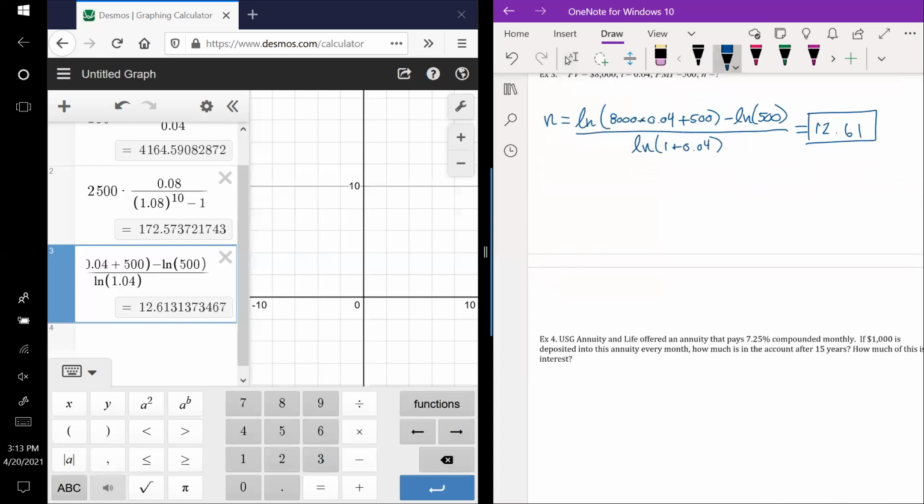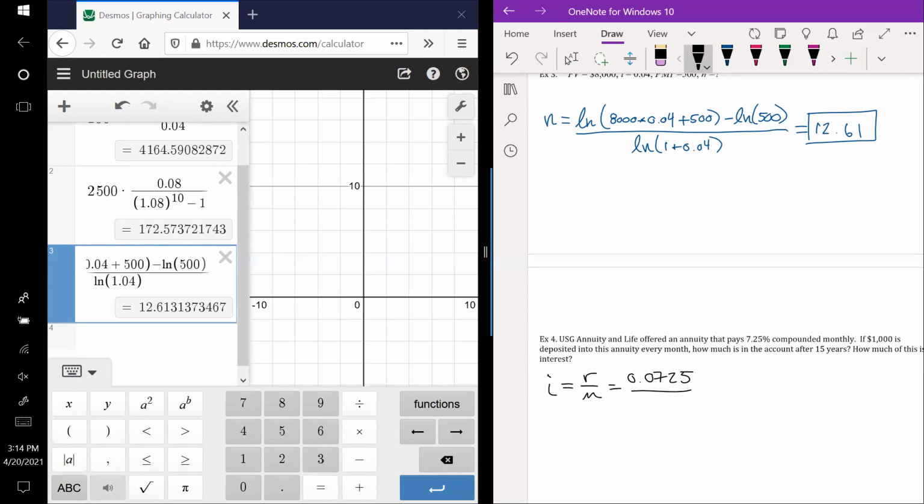So let's go ahead and label everything we have. So first off, they're giving us the interest rate and the compoundings. So here, we'll start with that. They say I, remember that I is your rate over compoundings. So our rate is 7.25%. So you're going to convert that to decimal, 0.0725 over your compounding.